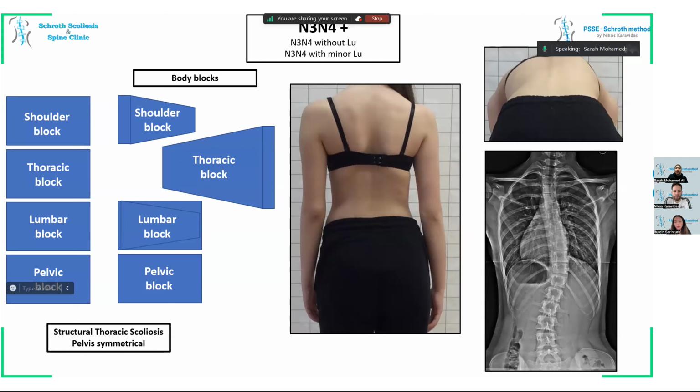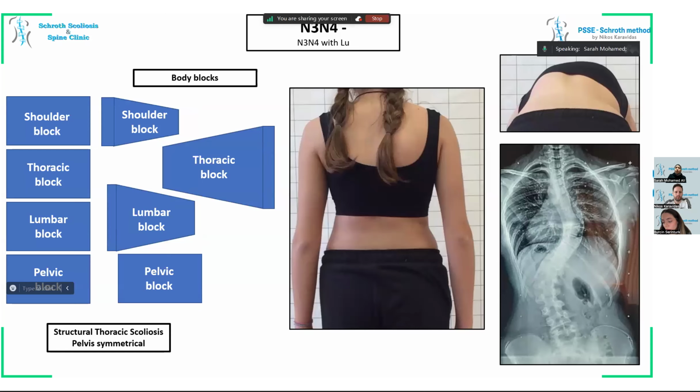So all of these criteria combined together give me the indication that for this curve type, the minor lumbar or no lumbar at all, it means that it's not significant, and I can do an overcorrection for the non-3, non-4 plus. It means that I have a structural thoracic scoliosis as the main curve, and I don't have lumbar, or I have a very minor lumbar.